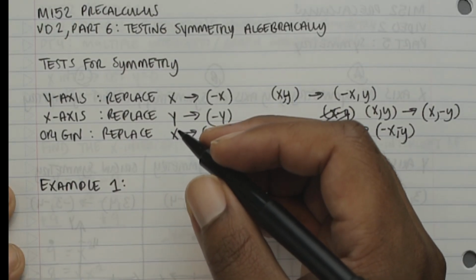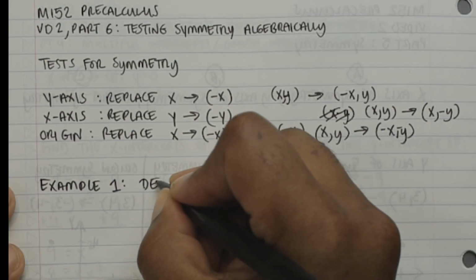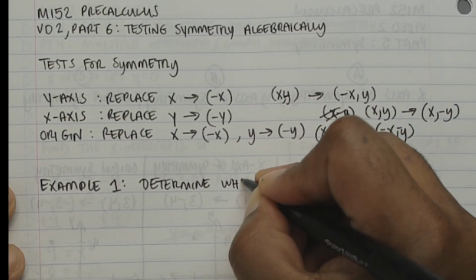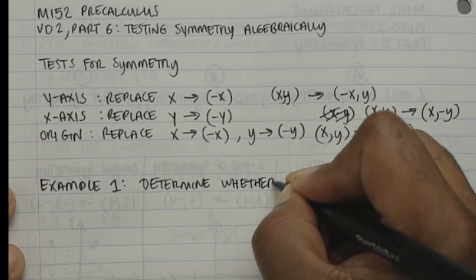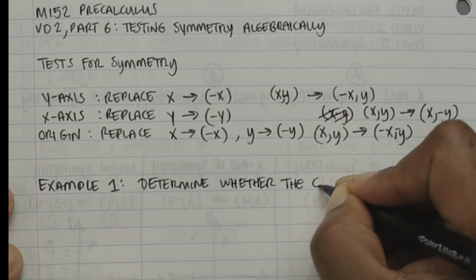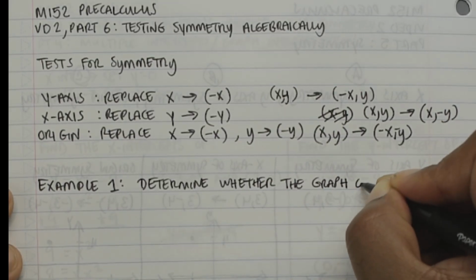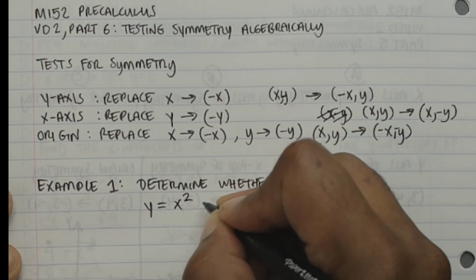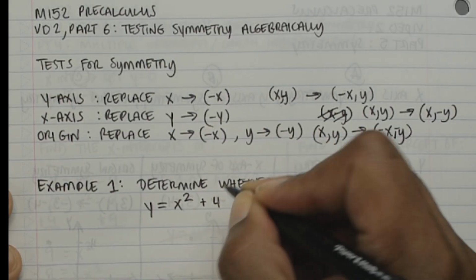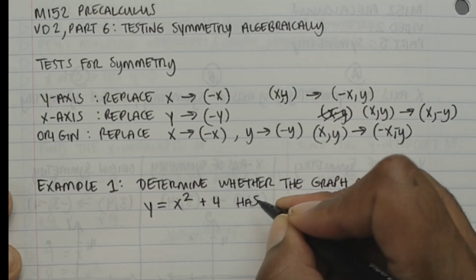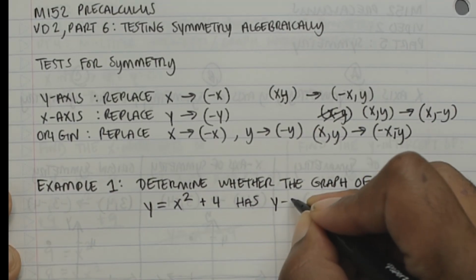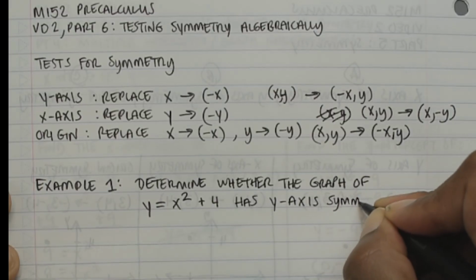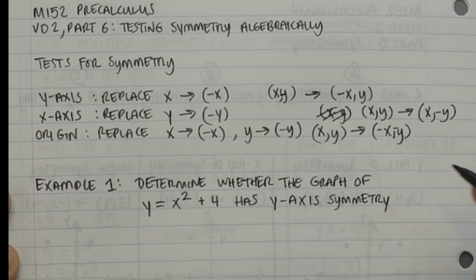And we're going to determine whether the graph of y equals x squared plus 4 has y-axis symmetry.